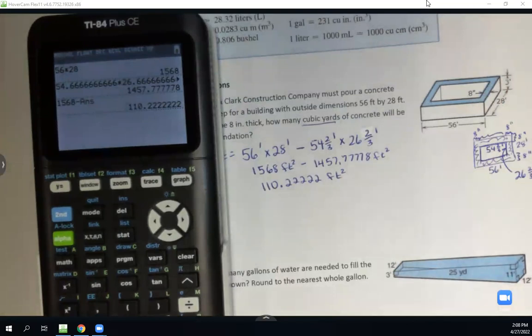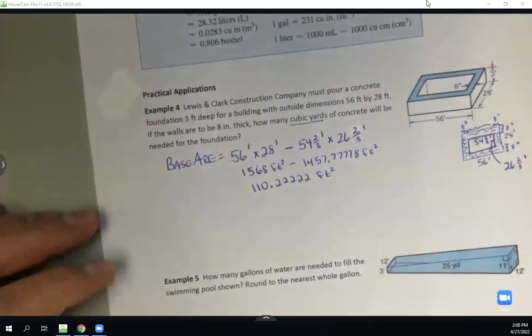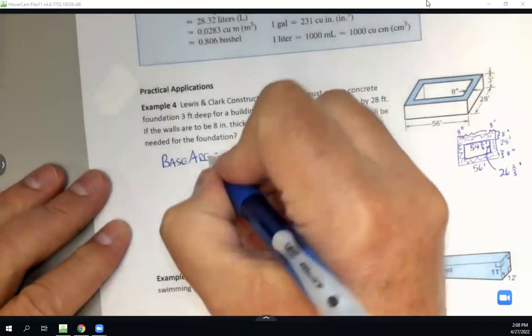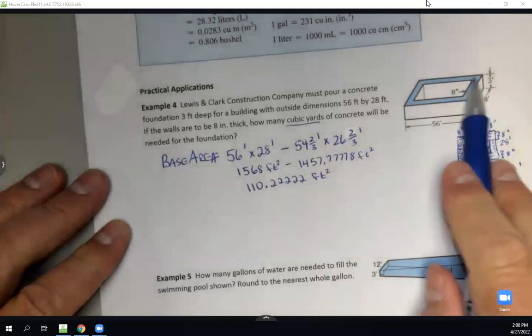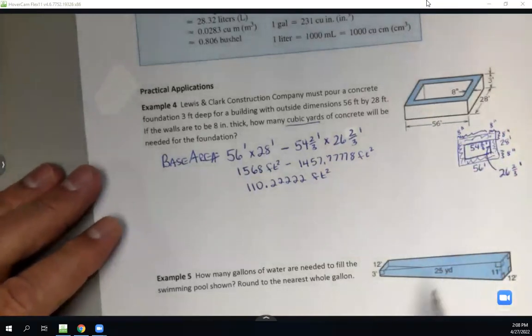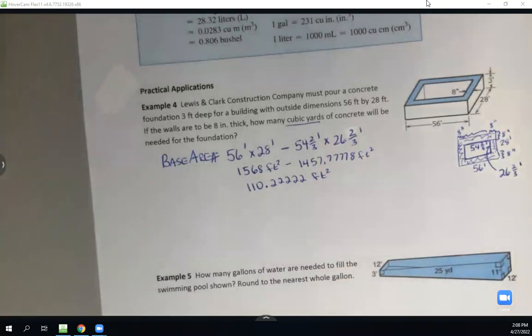Okay, still with me? So if I want to find the volume of the foundation here, I can take that area times the height, the altitude.